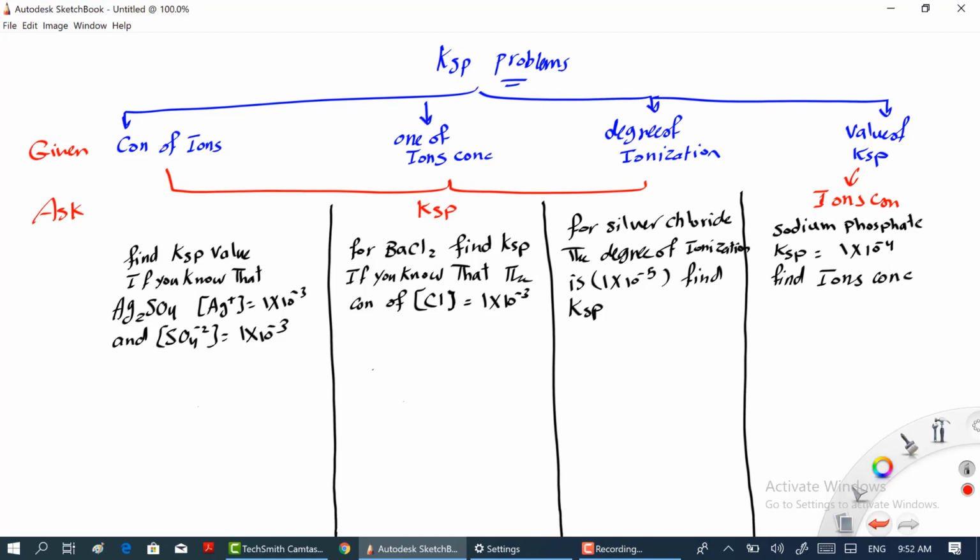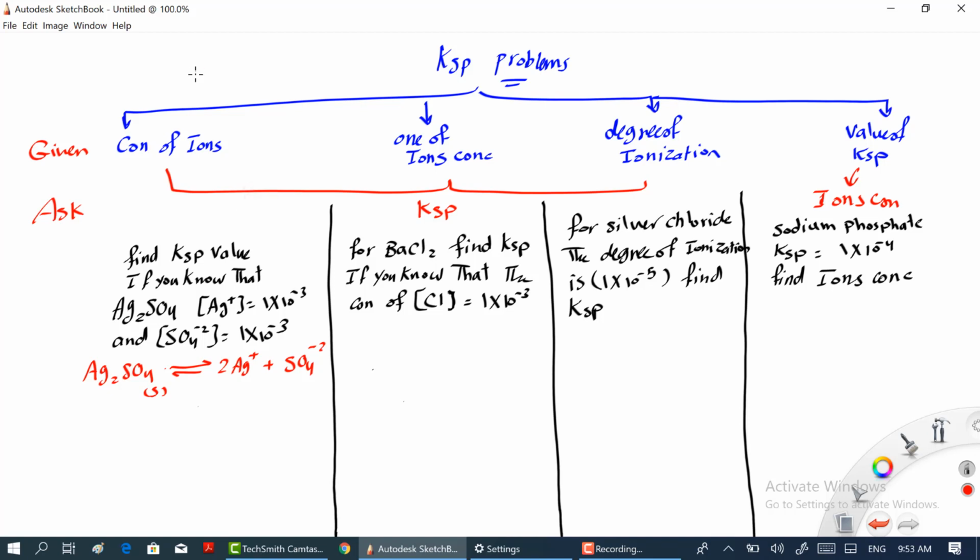Firstly, write the equation: Ag2SO4, solid substance, forms 2 Ag positive 1 plus SO4 negative 2. According to the salt, how can I determine the ions produced from it?